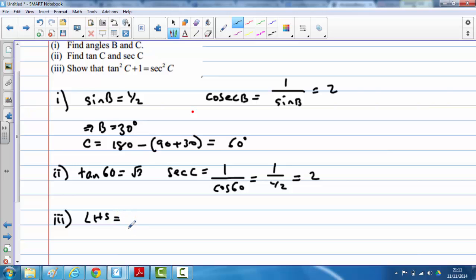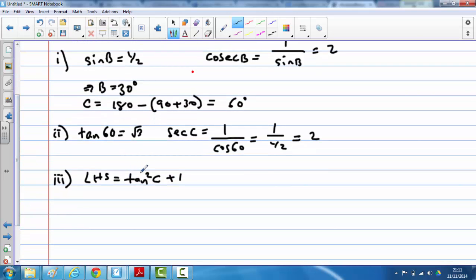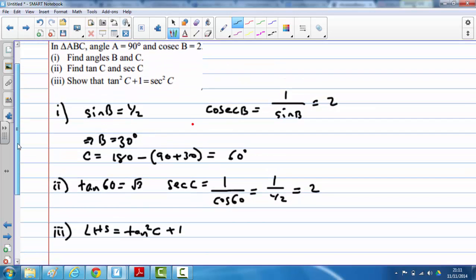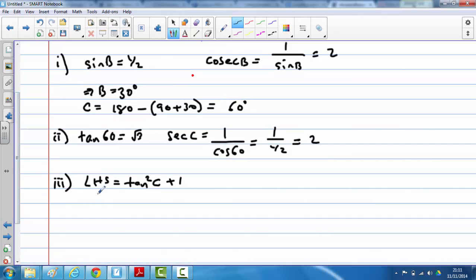The left hand side is tan squared C plus 1, and we know tan C, where C is 60, is square root of 3, so it's square root of 3 squared plus 1, which is 3 plus 1, which gives us 4.